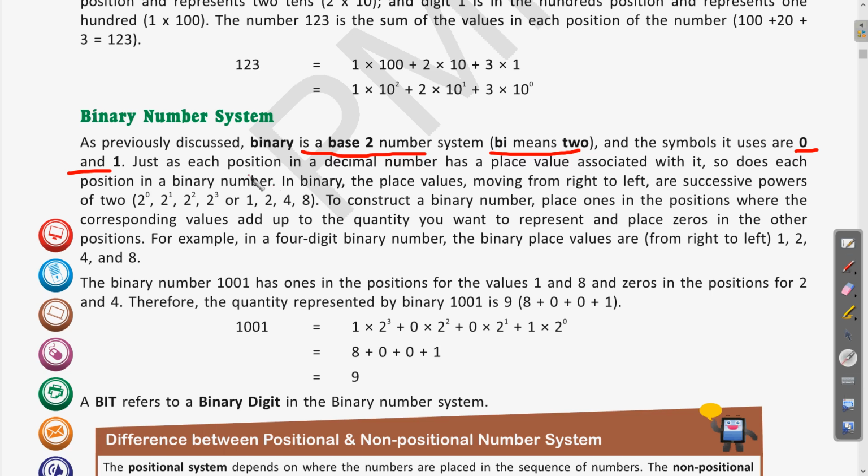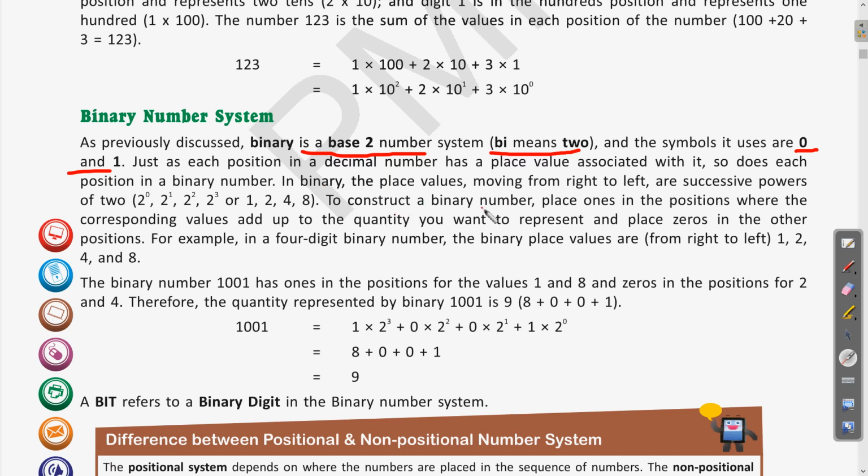Just as each position in the decimal number has a place value associated with it, so does each position in the binary number. Clear? So as we have seen in the decimal, all of the digits were having some place value. In the same way in the binary number system also we will have some place value.